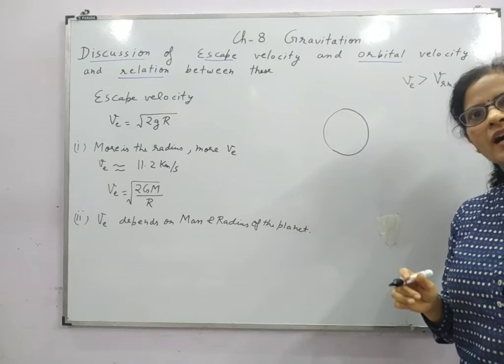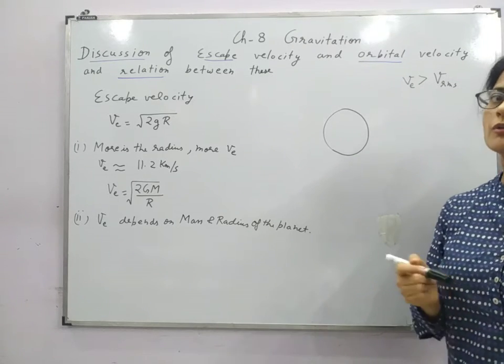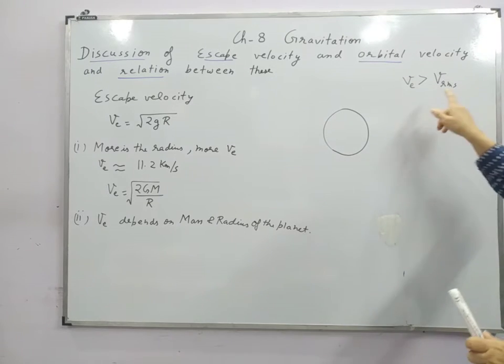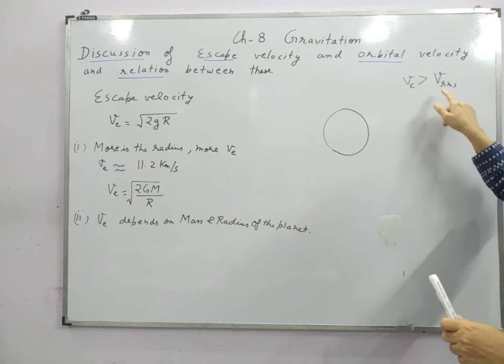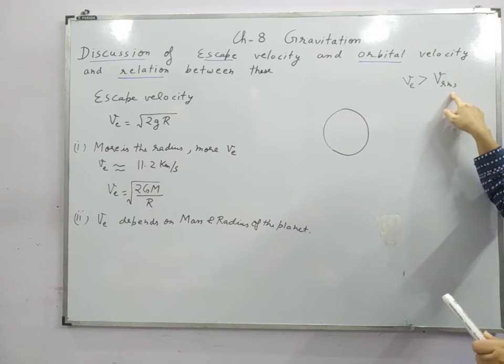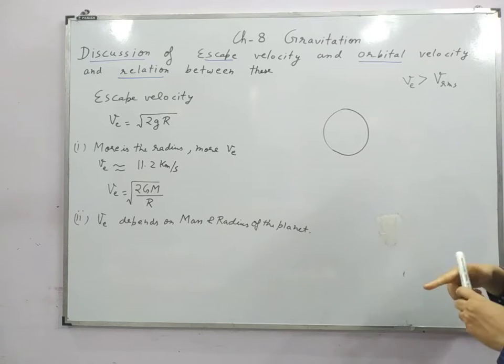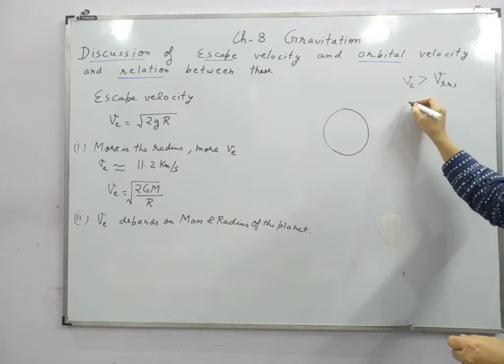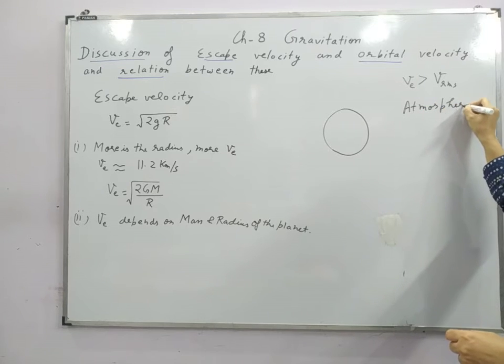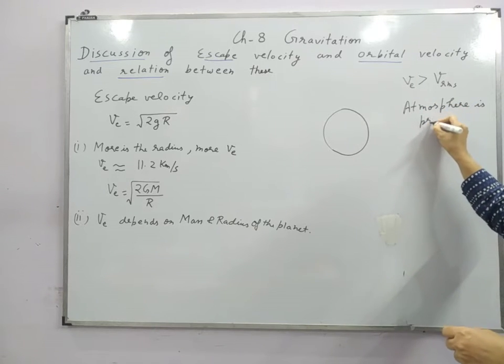You will study about the RMS velocity of the gas molecules in kinetic theory of gases. So right now we are concerned with if the escape velocity is very high as compared to the RMS velocity of the gas molecules, then the atmosphere is present.